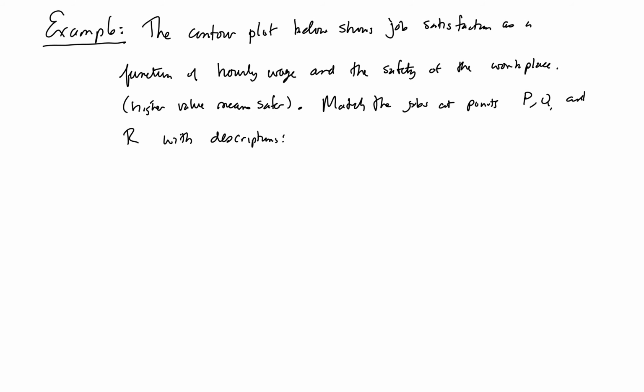So first, let's go ahead and draw our contour plot here. So this is our hourly wage. This is our safety. We're going to put numbers on these. The numbers aren't going to mean a whole lot for us in terms of what the safety means, but we can put them on here.